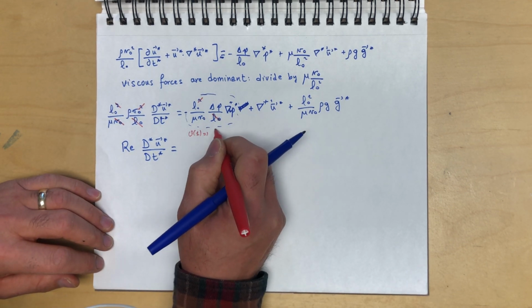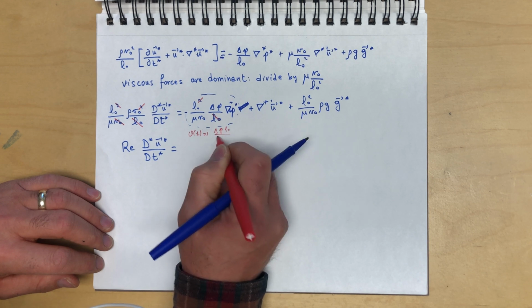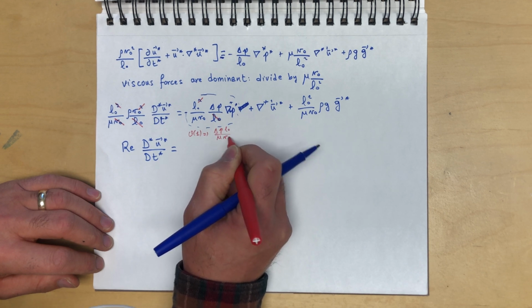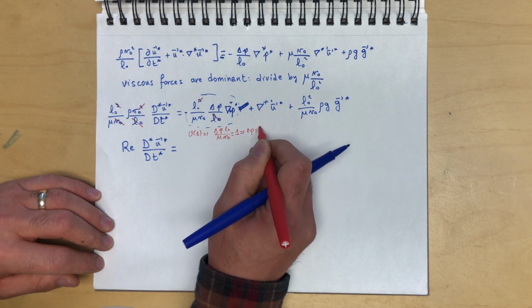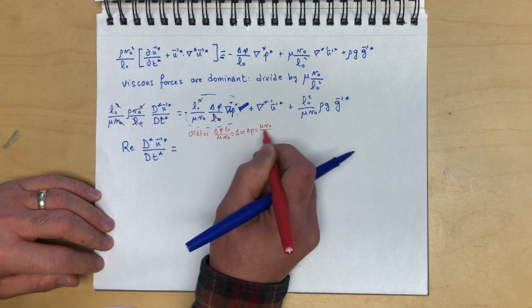So this implies that delta P L0 over mu V0 is equal to 1. This gives us the scale for delta P, and that's mu V0 over L0.